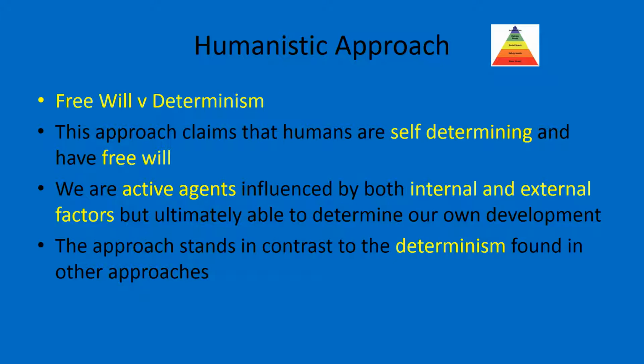The humanistic approach rejects that notion, and what it says is that actually we have free will. We choose to do what we want to do. We make our decisions, and our behaviour is completely down to these decisions that we make. And as such, we are active agents.